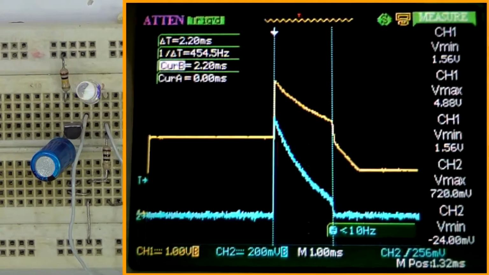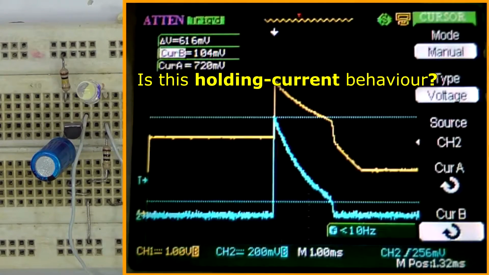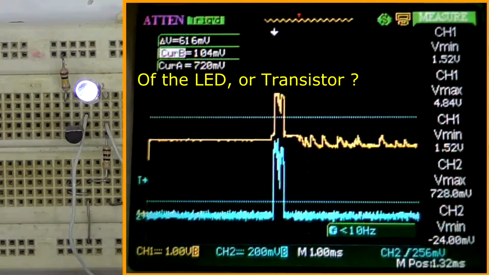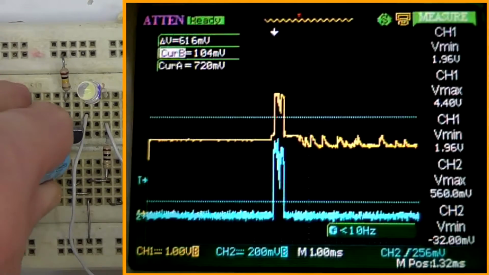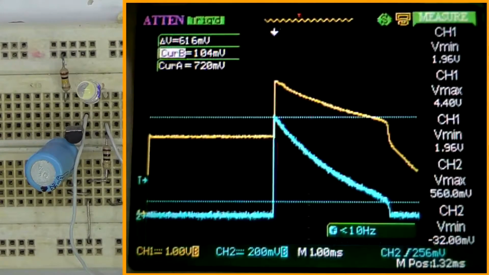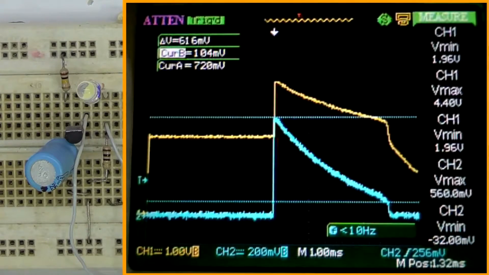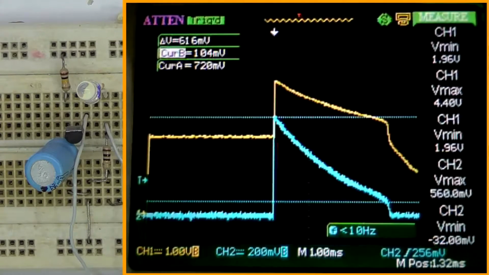I'm pretty sure the starting and ending currents were about the same. Yes, they are indeed. It's just that you've got more charge, so the peak current's the same and the ending current's the same. Because you've got more charge in the capacitor, it takes longer. I suppose that should be obvious, shouldn't it?